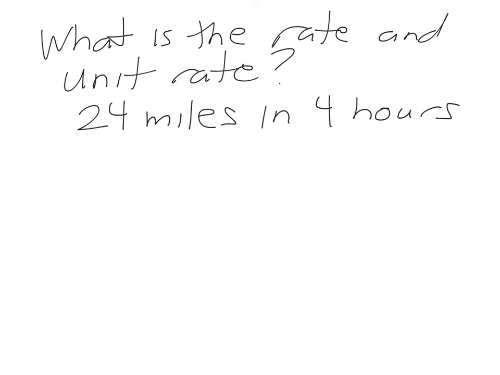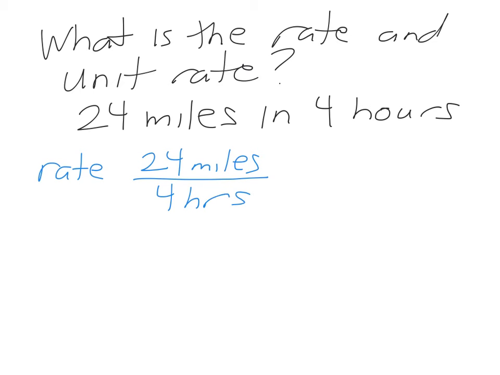All right, let's see if you did that correctly. If you did it correctly, you would have said the rate is 24 miles per 4 hours. That's my rate. It's the ratio of miles to hours. 24 miles in 4 hours. To find the unit rate, you should have divided the bottom by 4, which would have meant dividing the top by 4 as well.